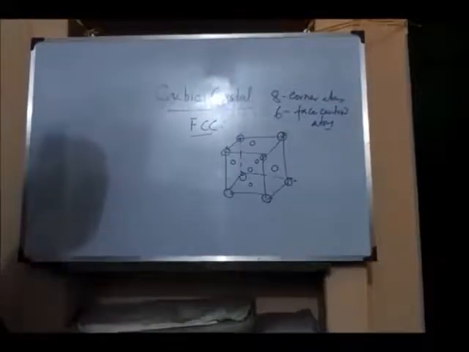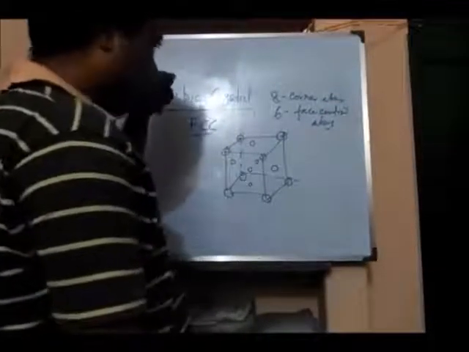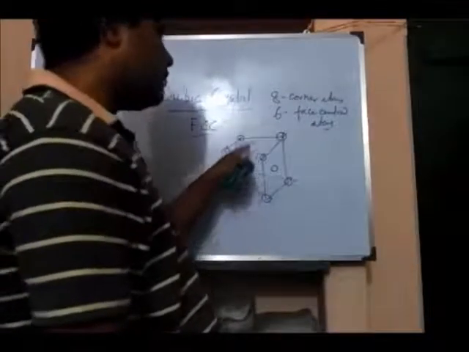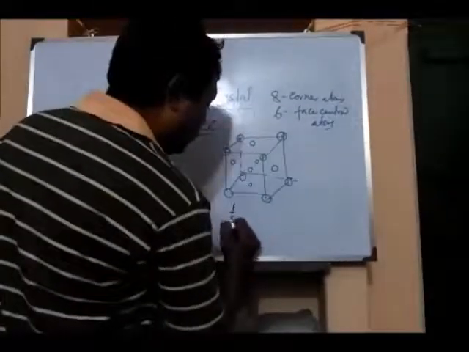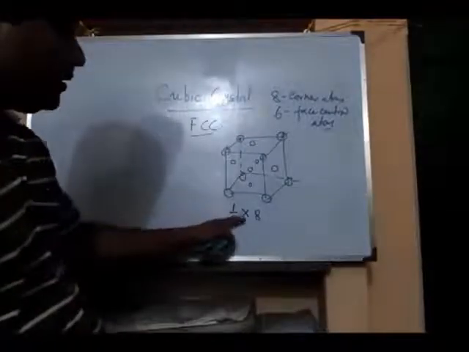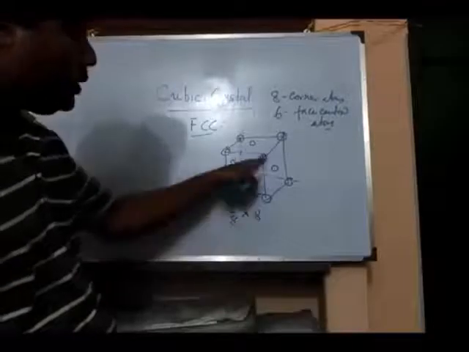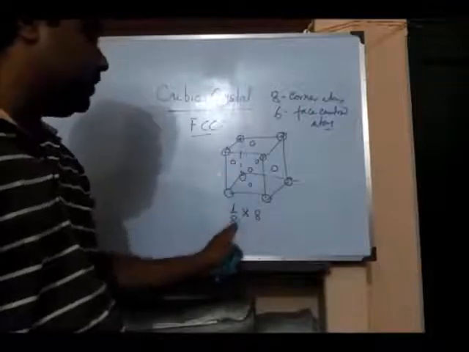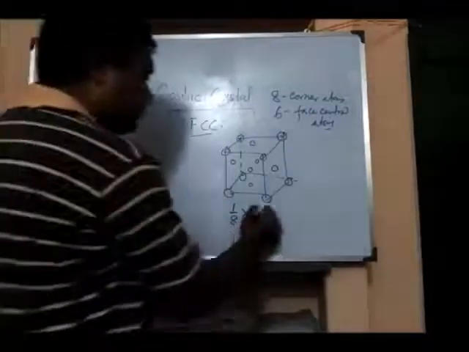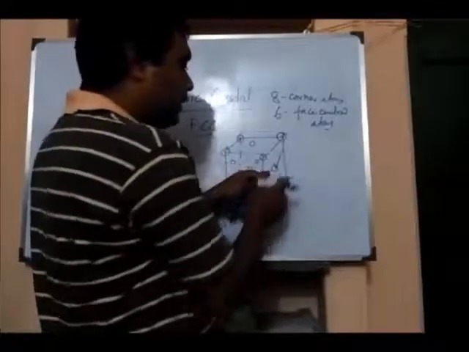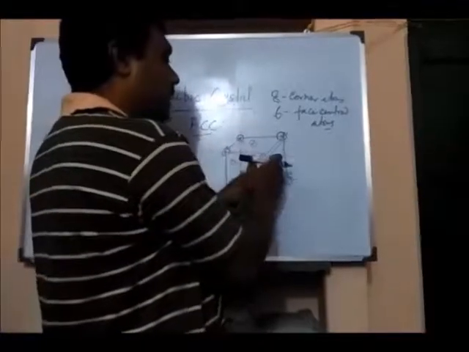Right? So in case of simple cubic, as the contribution of each atom is 1/8, in this case also the corner atom contributes 1/8 portion to this unit cell. So 1/8 times 8 atoms, the total contribution of the corner atoms for this particular unit cell is 1/8 into 8, that is 1. Now each face atom is a part of 2 unit cells.